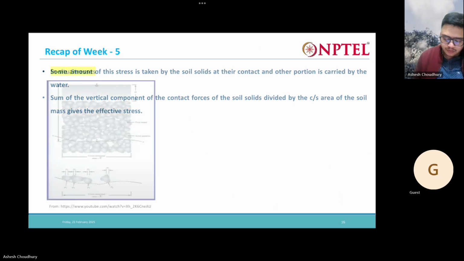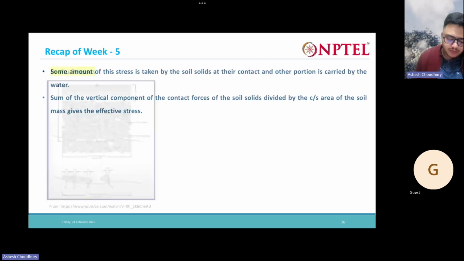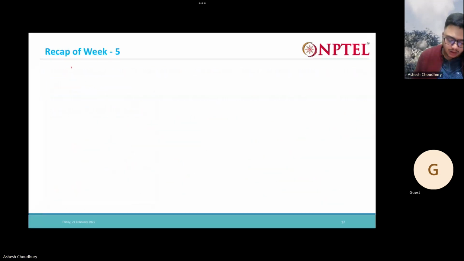Now let us come to this. At a point, what will be the pore water pressure? Pore water pressure is HA times gamma W. What is the total stress?